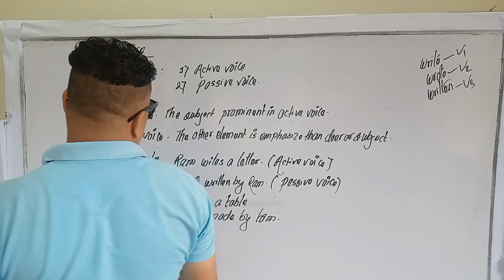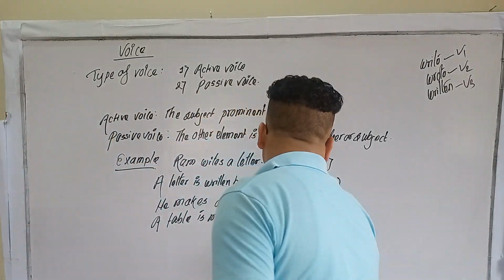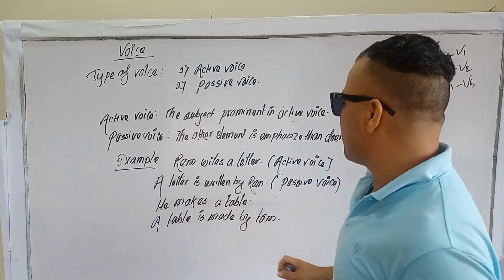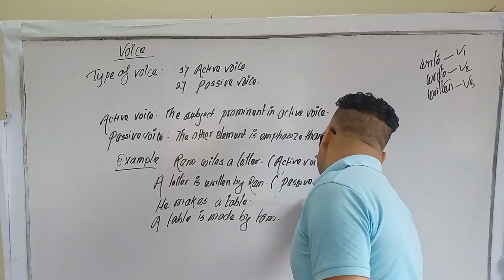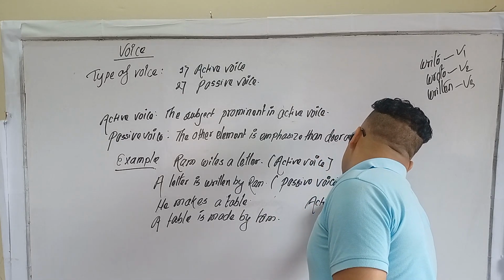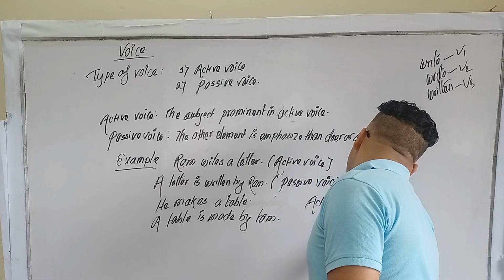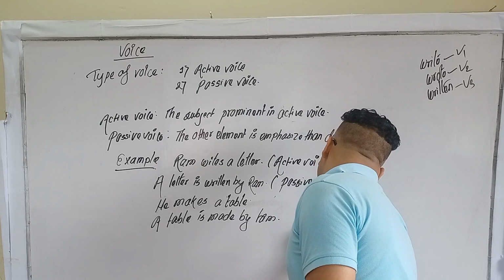This is active voice: he makes a table. This is passive voice: the table is made by him.